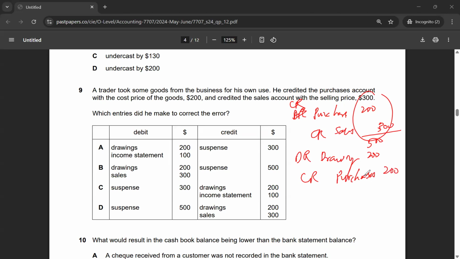So this part is actually correct, but he needs to make this entry and he needs to remove this sales amount because he cannot sell himself this. So he needs to debit the sales to correct this as well, right?